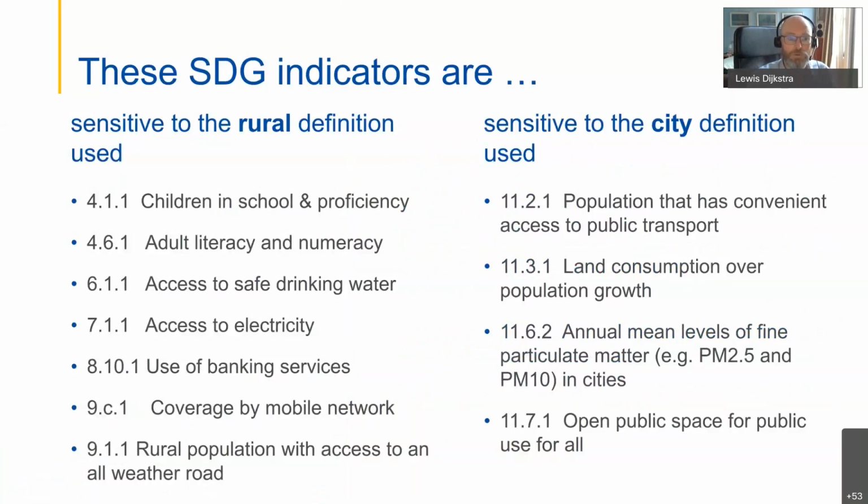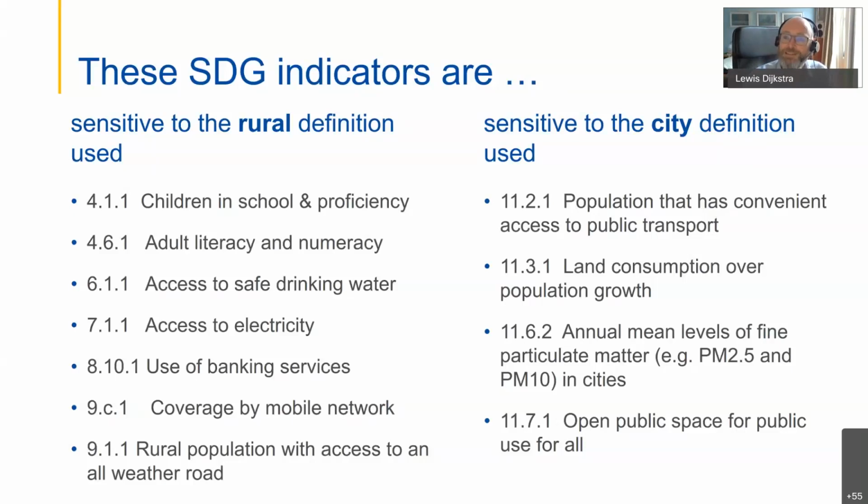For example, the number of children in school and their proficiency. If you include towns in your definition of rural area, you might get a very different number than if you don't. The same is true for literacy or access to drinking water, or electricity, or coverage by a mobile phone network. And in the manual, we actually show some of these data by degree of urbanization.